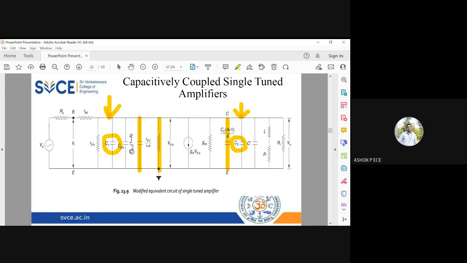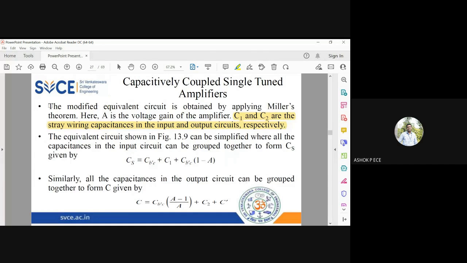So I have a lot of components in parallel. I have to simplify so that I can apply Kirchhoff's voltage law and Kirchhoff's current law and write the equation for output voltage. Okay, and I'm assuming capital A is the gain of the amplifier.